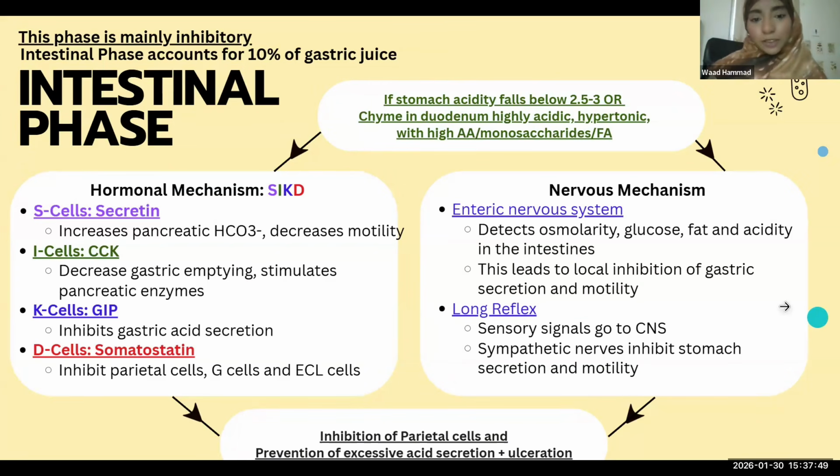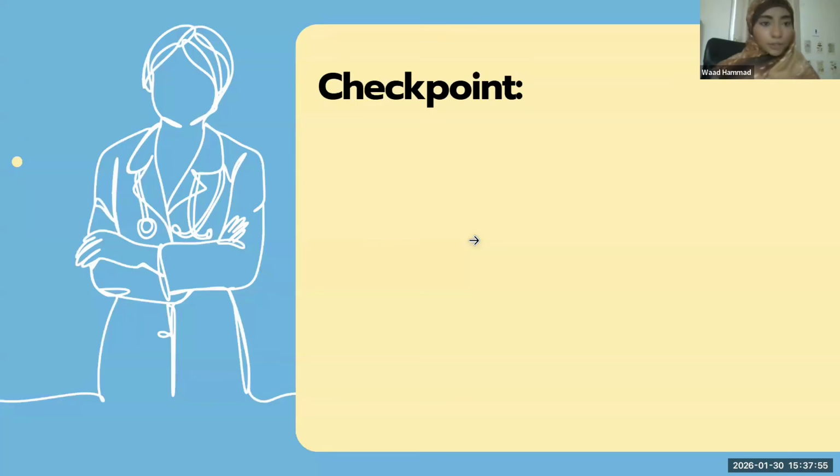Okay, so with that, we're going to go to the next checkpoint. We finished the second part, which is the acid secretory phases, and I'm going to ask the next question. But before I do that, if anyone has any questions, feel free to ask me. And if there's nothing, I'll just do the next question.